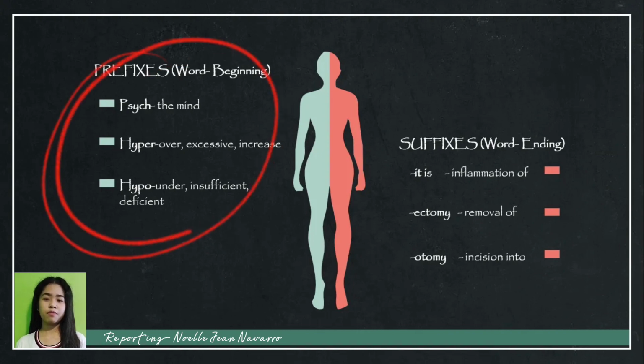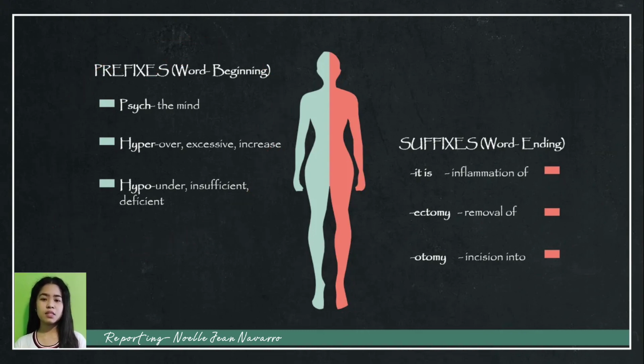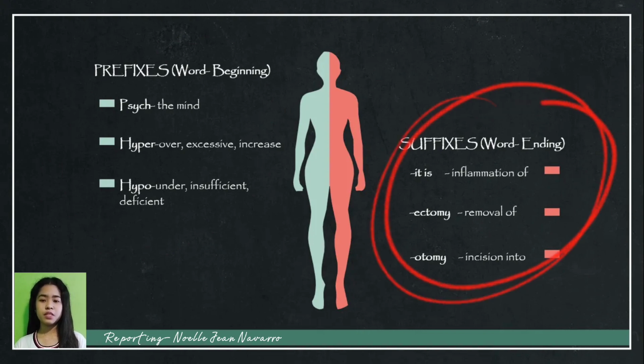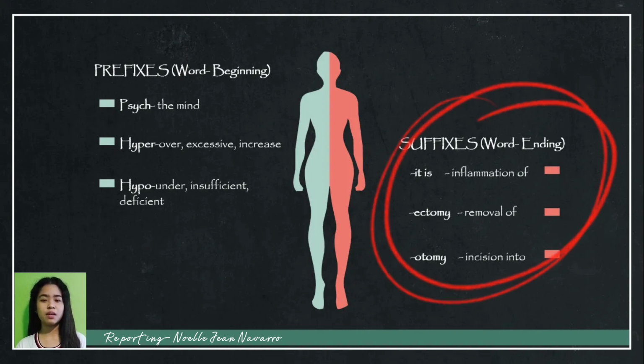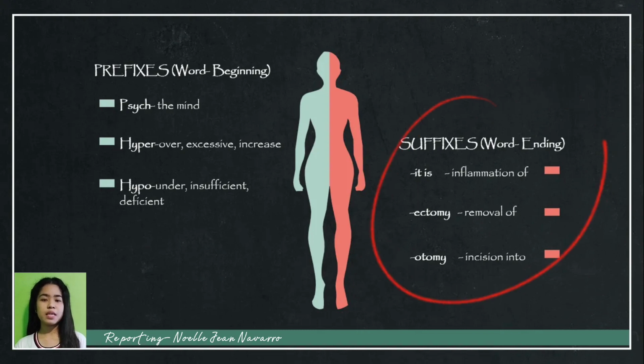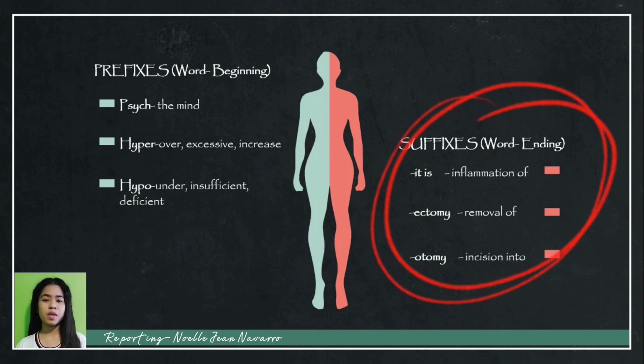Hypo, which refers to under, insufficient, deficient, or dinakulang, or below normal. Next is the suffixes. First is the itis, it is referred to inflammation of something. Second is ectomy, it means removal of something. Otomy, making an incision to a body part or making a cut.